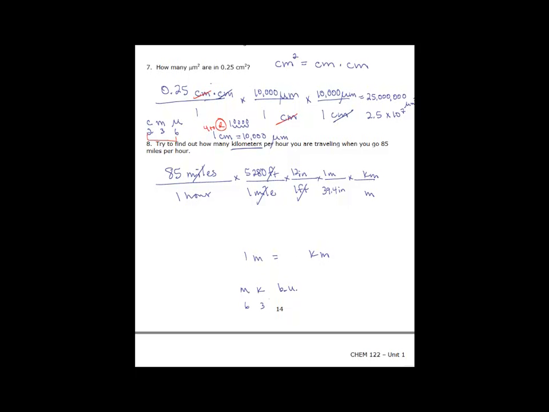Okay, so 1 meter, we're going to move the decimal. 1, 2, 3. So 1 meter is 0.001 kilometers, or you could say 1 kilometer is 1,000 meters. Okay, so we've canceled all those out. We're in kilometers per hour now. Now we just need to enter this into our calculator. So 85 times 5280 times 12 divided by 39.4 divided by 1,000.